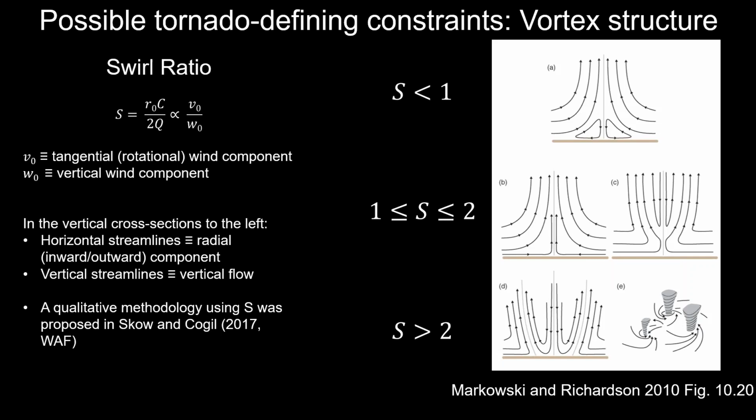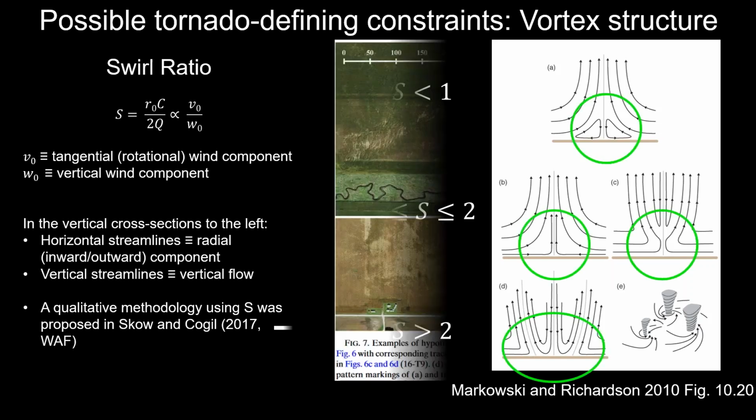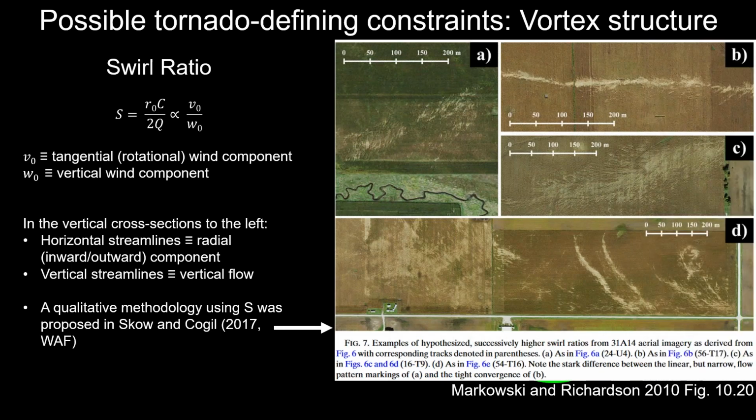You have a tight vortex center, and of course, with a swirl ratio greater than 2, you now have a two-cell multi-vortex circulation. So in practice, what Kevin Skow did in the 2017 paper from the central Iowa case in August of 2014 was take numerous circulation tracks and, largely based off aerial imagery, estimate what the swirl ratio was.